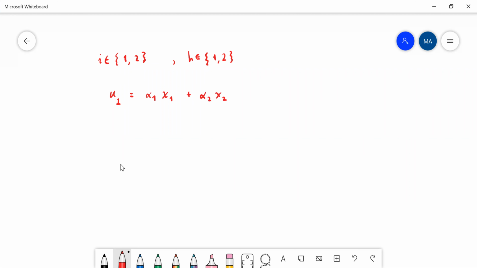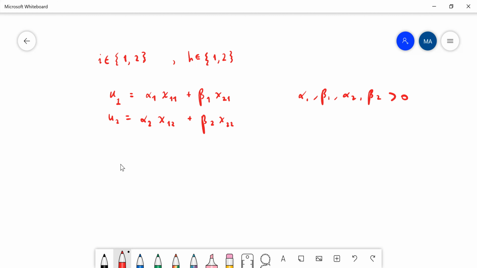So utilities are linear. And U2 is, so let me do this, let's say this is beta. For the second consumer, I have alpha 2 x1 2 plus beta 2 x2 2. All right? Alpha 1, beta 1, alpha 2, beta 2, all greater than 0.